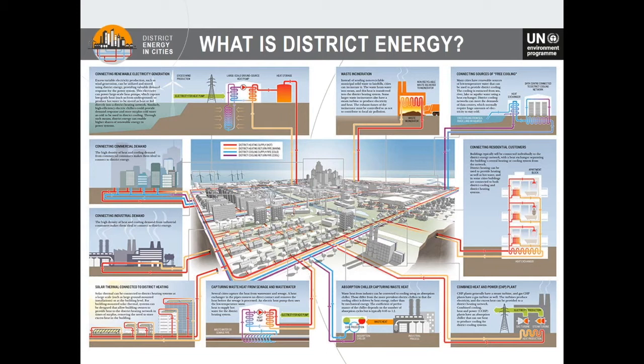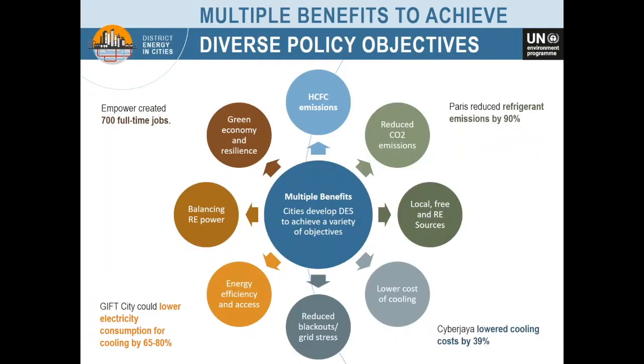So as mentioned earlier, we need urgent solutions that reduce demand and shift sources of supply if we're going to achieve our climate and energy ambitions. And I would like to now add that district energy surely enables both of these in a cost-effective and technically demonstrated manner. But the benefits of district energy are not only related to improving energy efficiency and adopting renewables. A bundle of additional benefits are associated with the implementation of this solution.